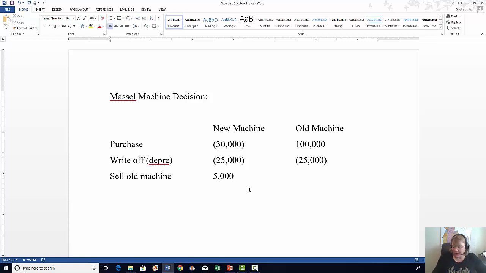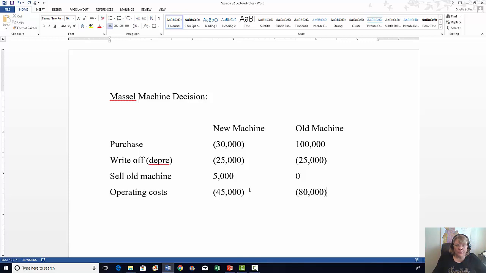And if we keep the old machine, we're not going to sell it, so there's a zero there. And then the operating costs. For the new machine, it's $45,000 per year, and the old machine is $80,000, which is quite a bit.